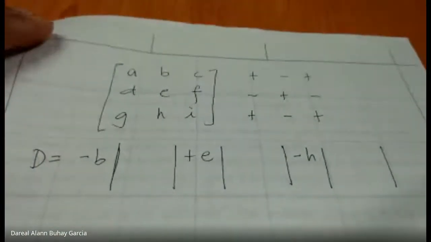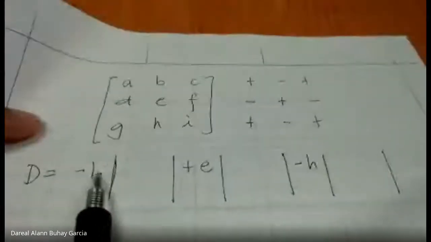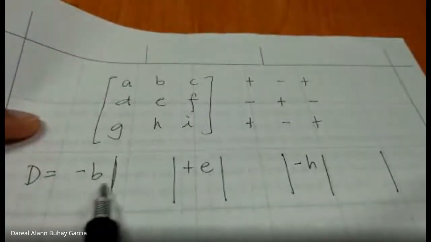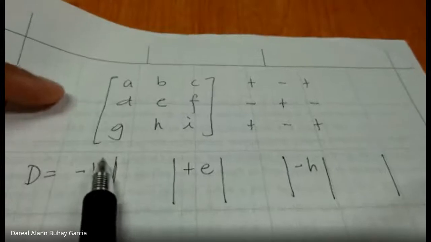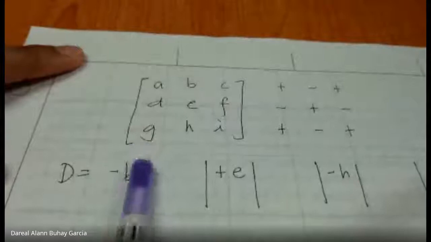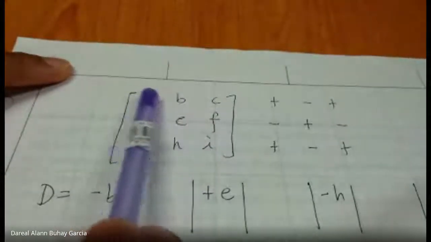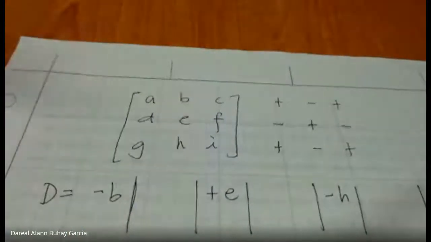Unsa ang sulod aning mga submatrices? Kung asa nga column o row na belong si element, in this case, si B, wala to siya i-apil. So, tabunan nato na sila. Si B is naa man aning row ug ani nga column. So, tabunan nato na sila.